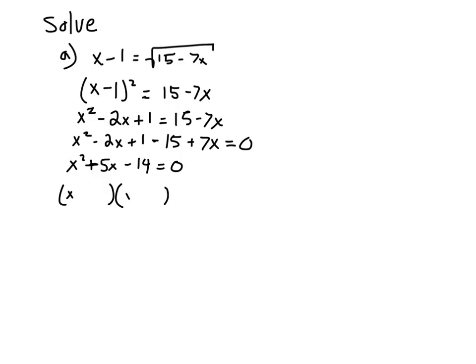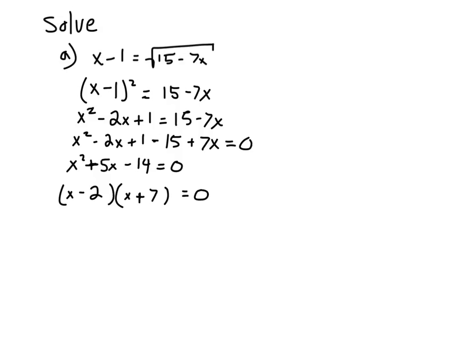So I need to think of two numbers where, if you multiply them together, you get negative 14, and if you add them together, you get 5. Let's see. So what about positive 7, negative 2, right? Those two multiply together to get negative 14, and they add together to get positive 5.